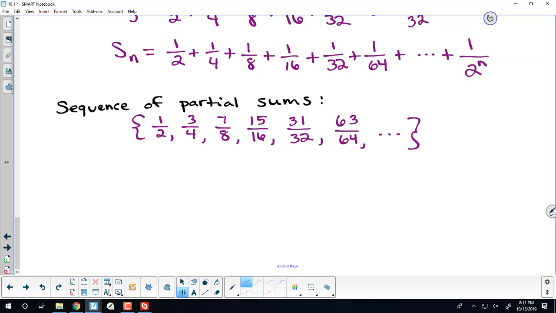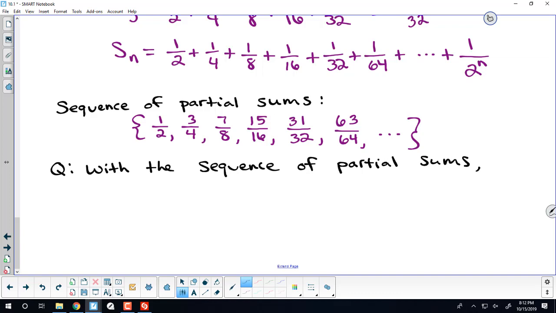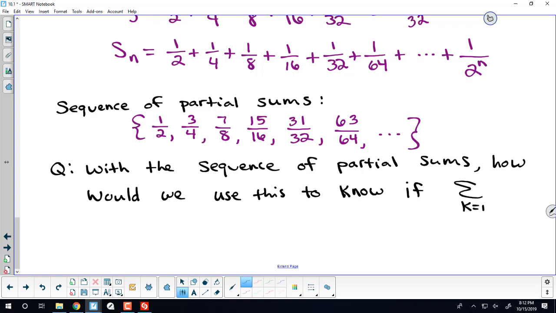So we can ask the question, with the sequence of partial sums, how would we use this to know or find out if the infinite series from 1 to infinity of 1/2 to the k converges or diverges?